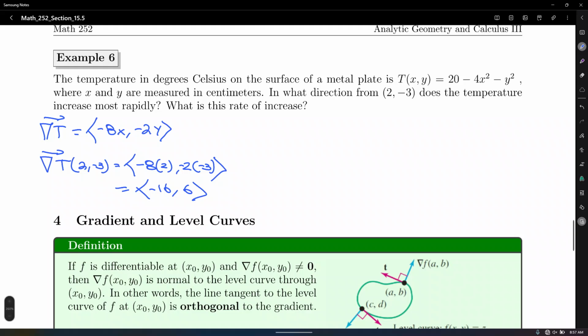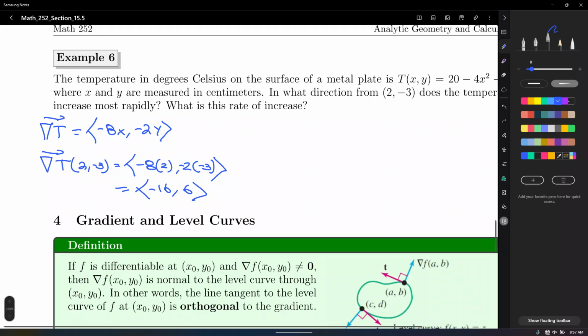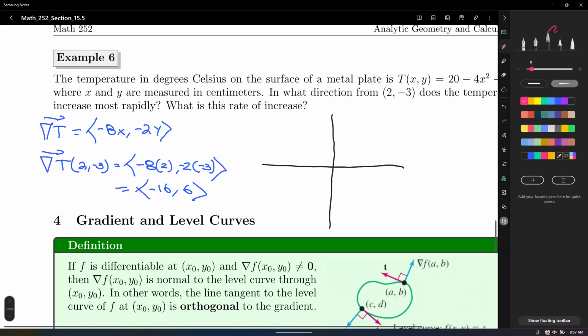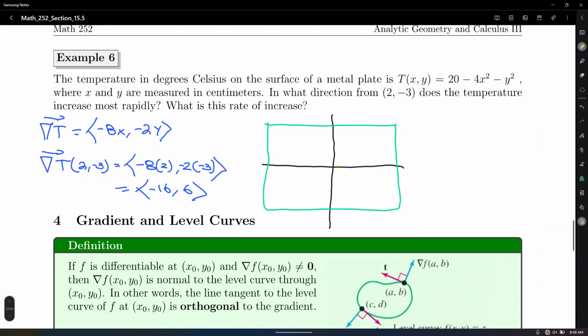Okay. What does that mean anyway? Okay, let's see. Let me graph this and represent this plate on a Cartesian plane. So I'm going to do this to represent the plate. Now, let me go to the point (2, -3), which happens to be roughly here.